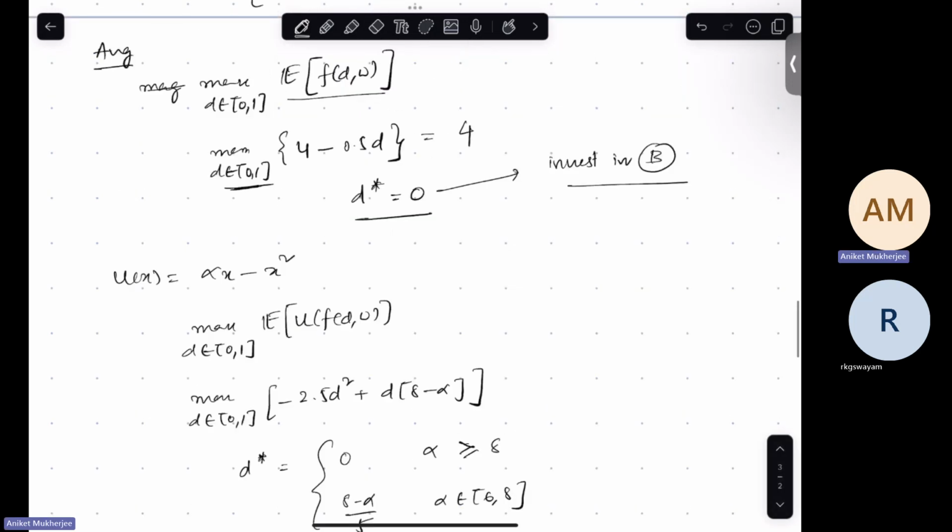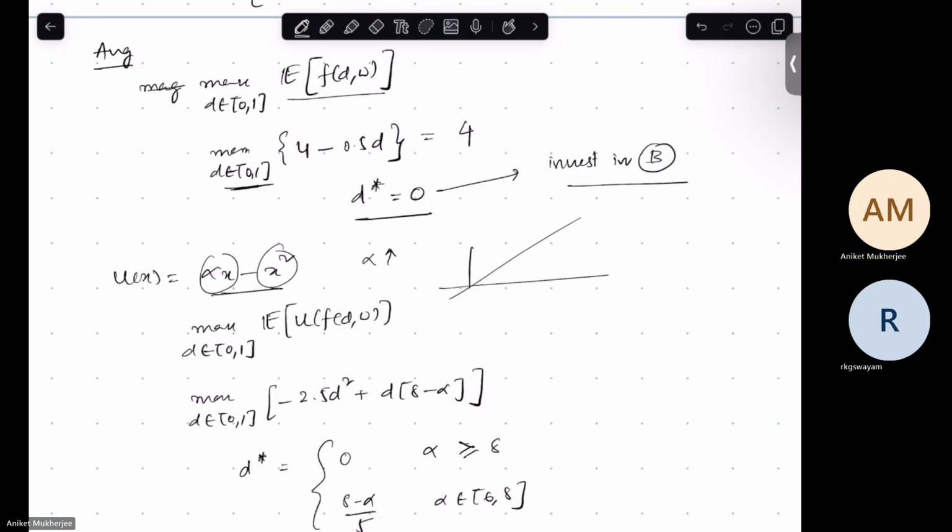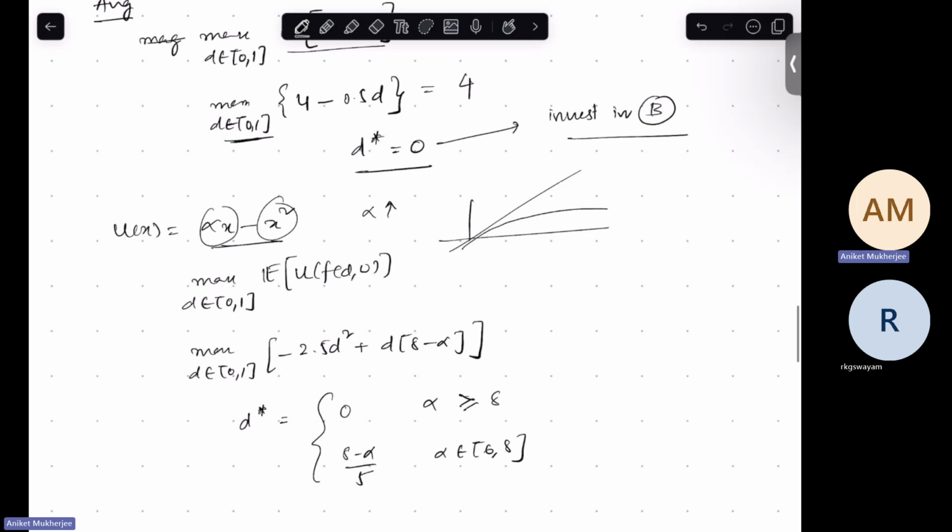So here, if you see, suppose alpha is really high, then what happens is this alpha x term starts dominating this minus x squared term. So your function is linear. And if alpha is small, then you will see this kind of tapered concave increasing function, where the rate keeps on decreasing.